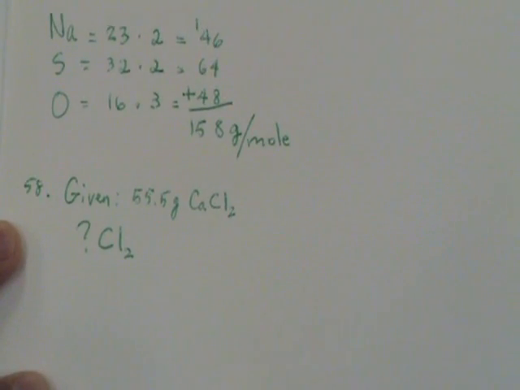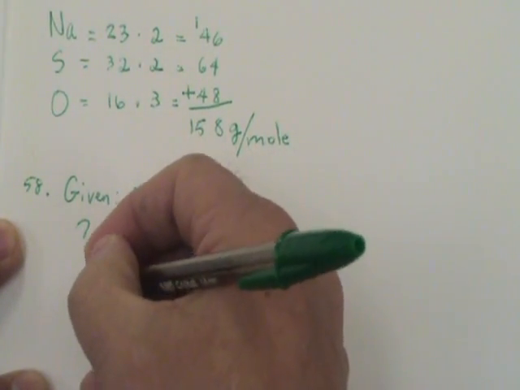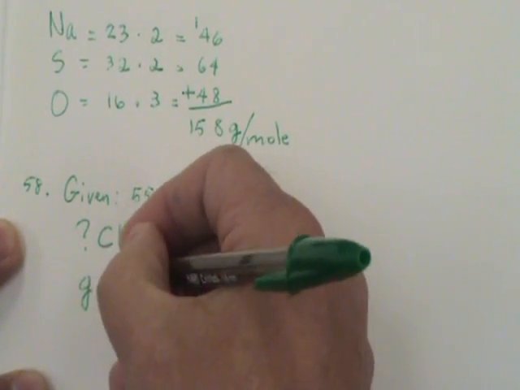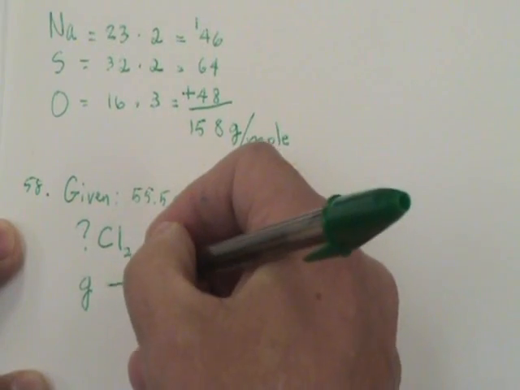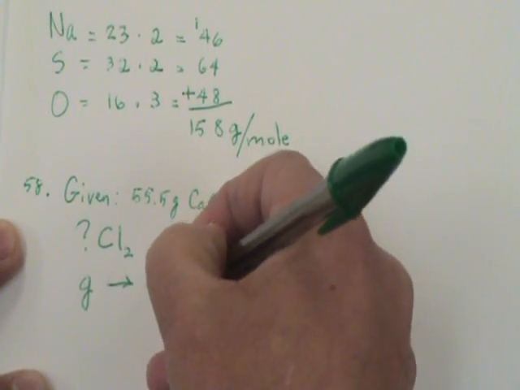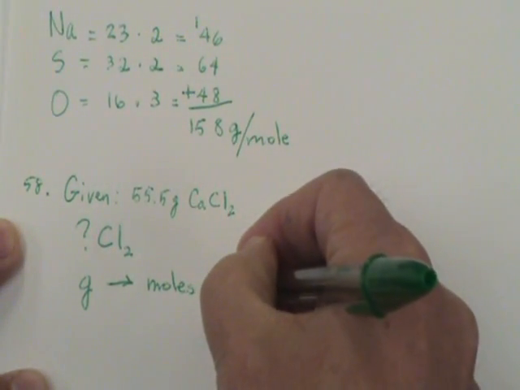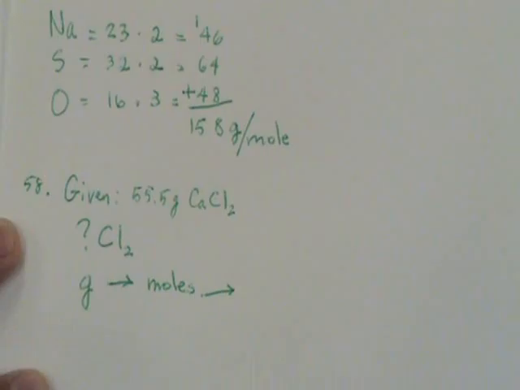How many? In order to do this question, we have to convert from grams, which is our mass that's given, to our moles, and then you have another step here.